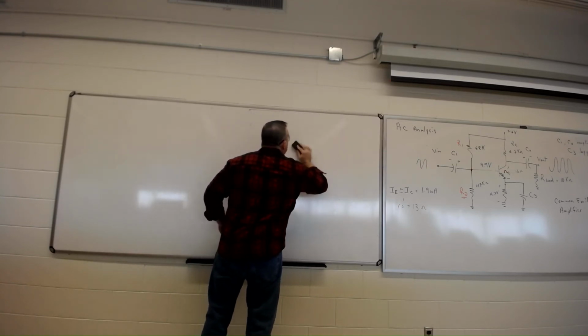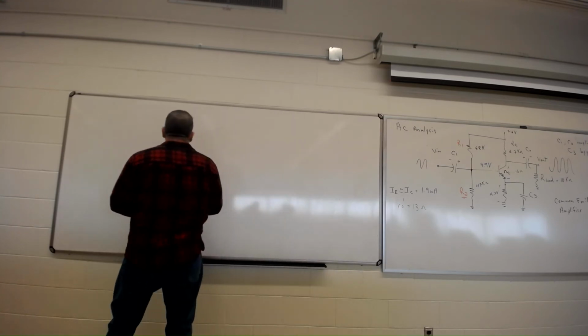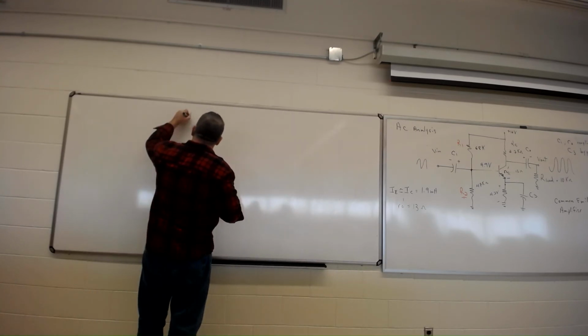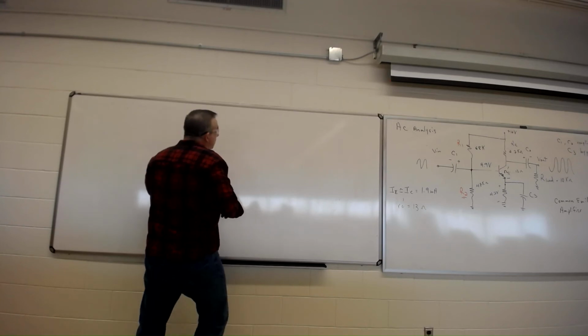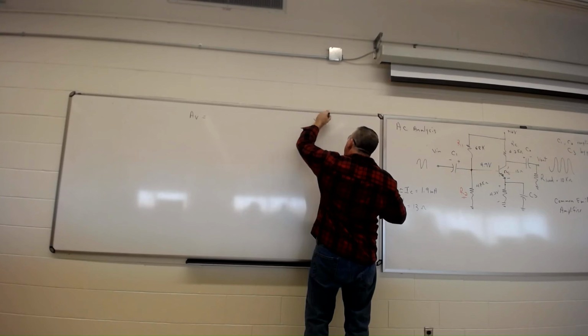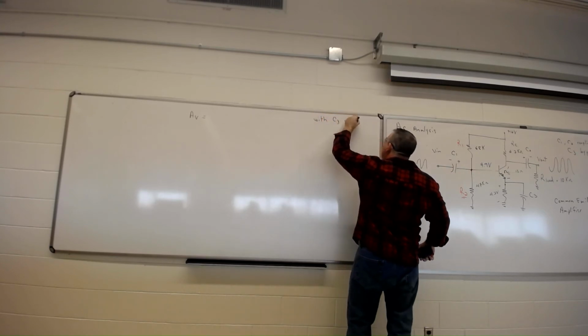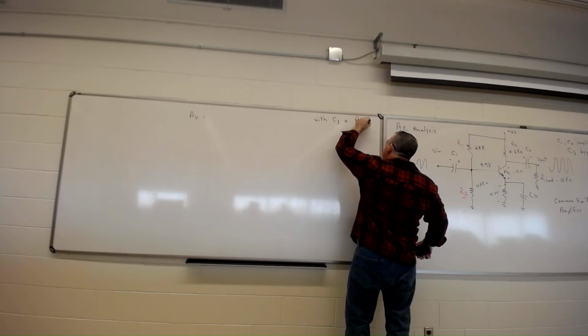So I'll give you a formula for AV. The first one is your voltage gain, with the bypass capacitor C3 and the load resistor RL.